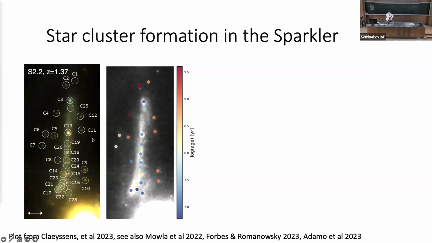When I think of the study we did, I would like to show especially the Sparkler, because there was a lot of work done. And here you see all the clumps that we could extract around the Sparkler. Now the dots are color-coded according to the age of these objects, and we see essentially that some of them seem to be really old.